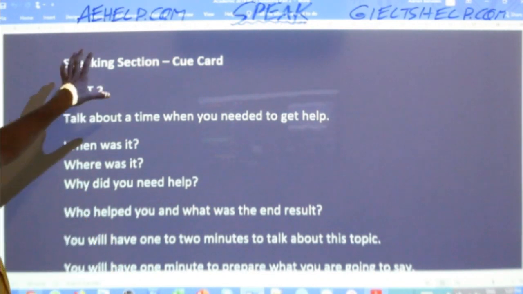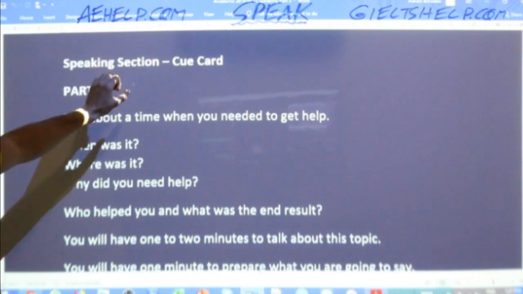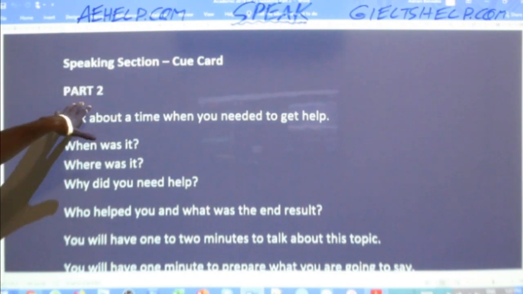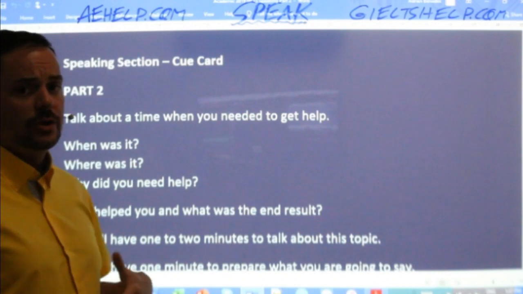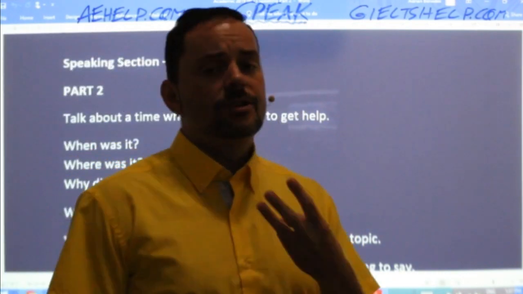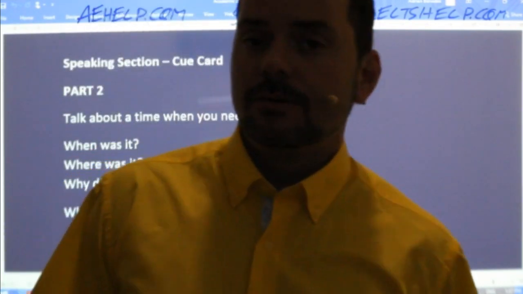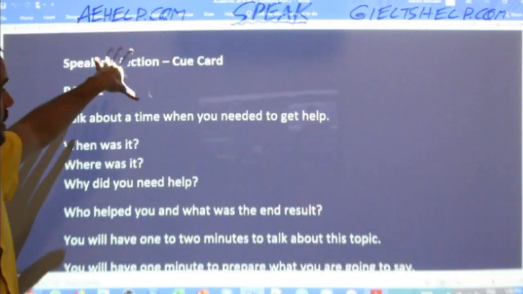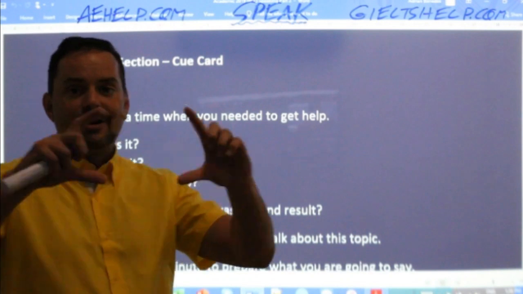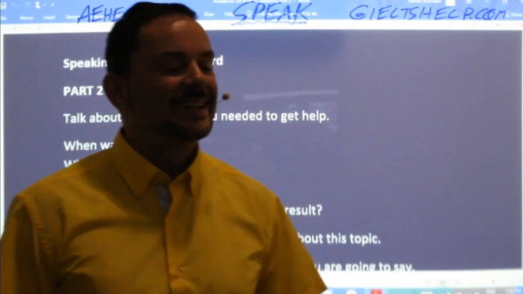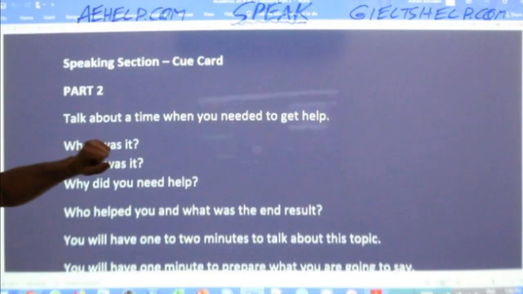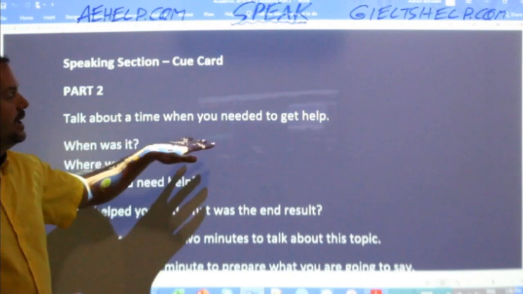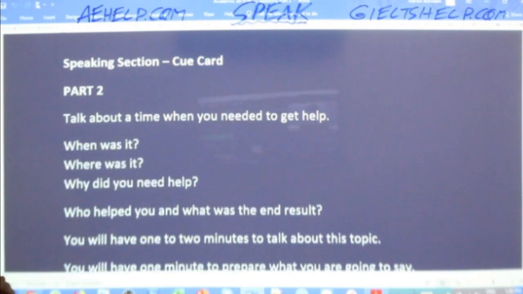While you answer that, I'll give some info to all of our viewers about part 2 of the speaking. When you're in the exam for the speaking, there are 3 parts in your interview. In part 2, you get a card that will look like this, just much, much smaller, the size of a business card. And it will have a topic, like talk about a time when you needed to get help, with some questions.